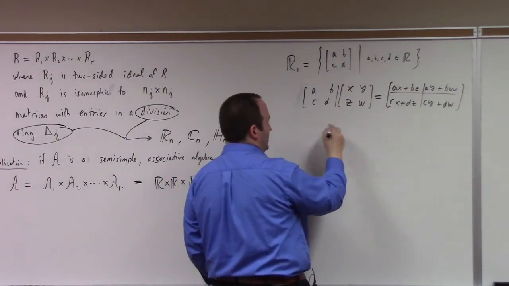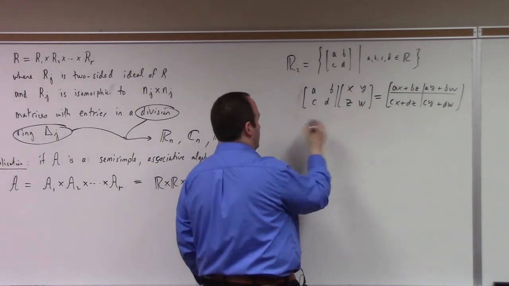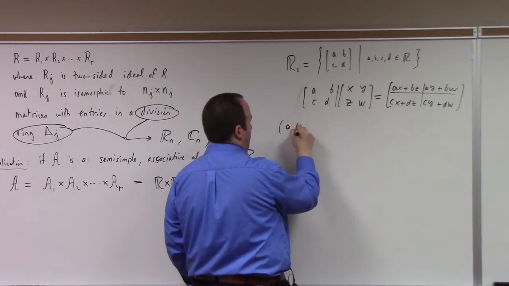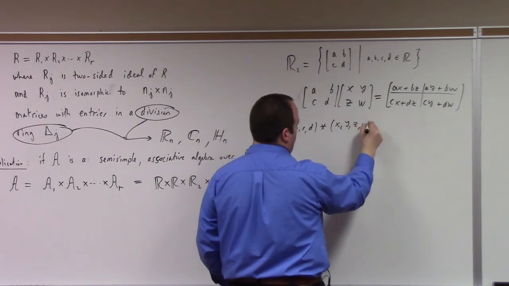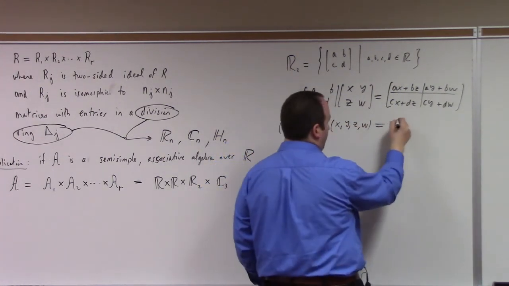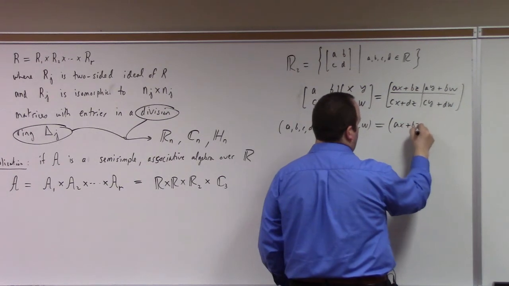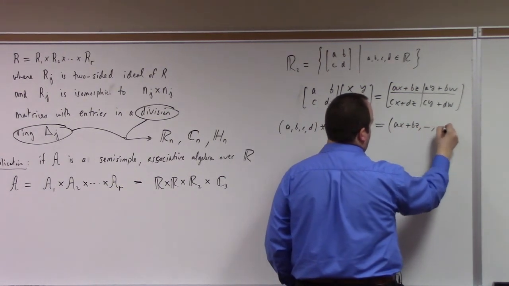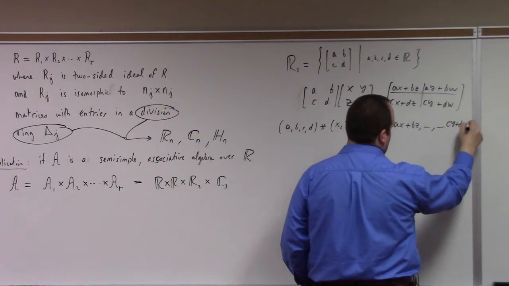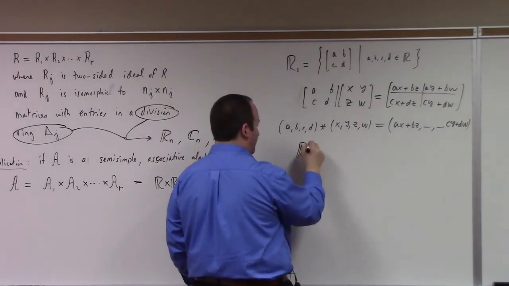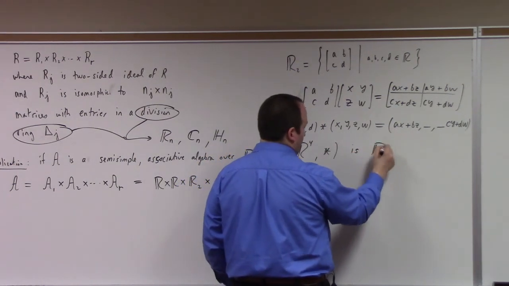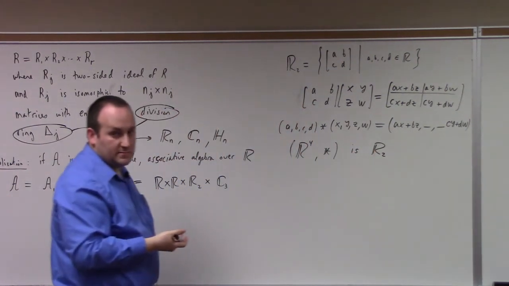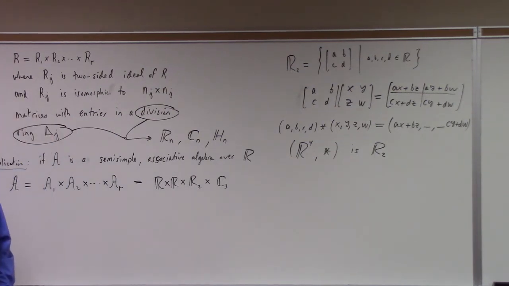So I can look at A, B, C, D times X, Y, Z, W equals AX plus BZ, CY plus DW. So basically R4 paired with this weird multiplication is a representation of R2. That is a faithful representation of the 2 by 2 matrix algebra.